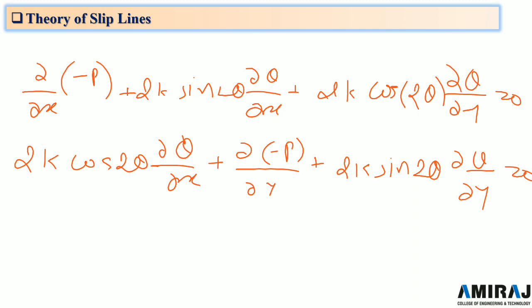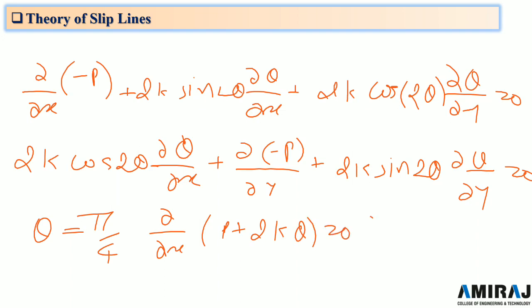Now if we rotate our coordinate axis, if we put theta equal to pi by 4 from the sigma 1 direction, which is also the direction of maximum shear stress, we get the equations del by del x of (p plus 2k theta) equal to 0 and del by del y of (p minus 2k theta) equal to 0.